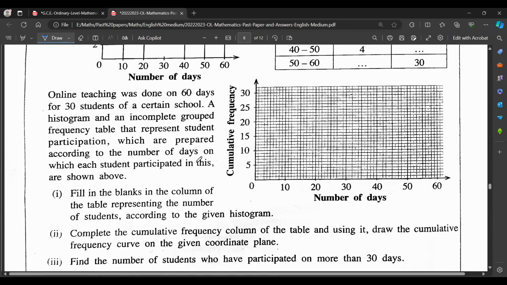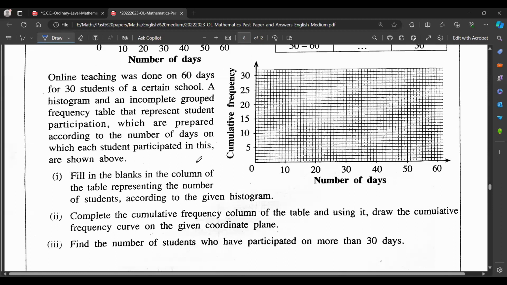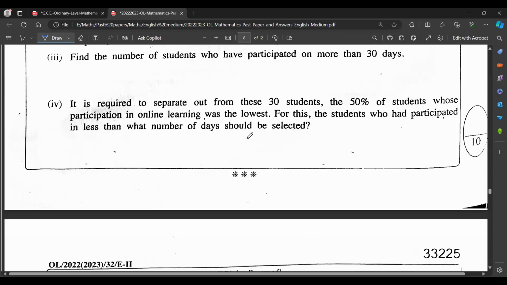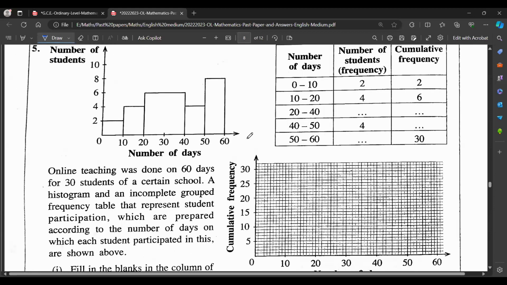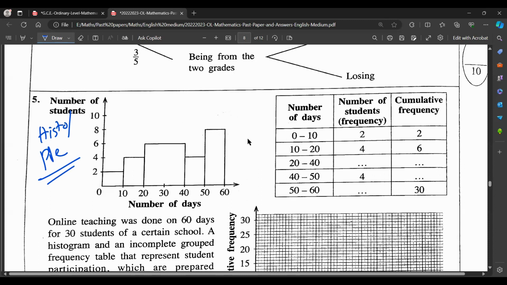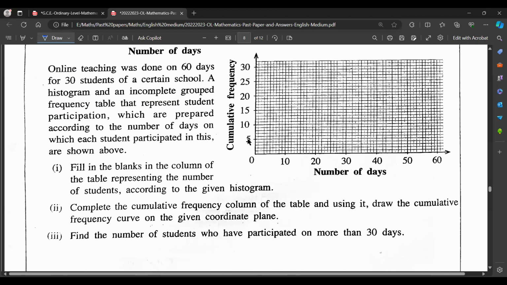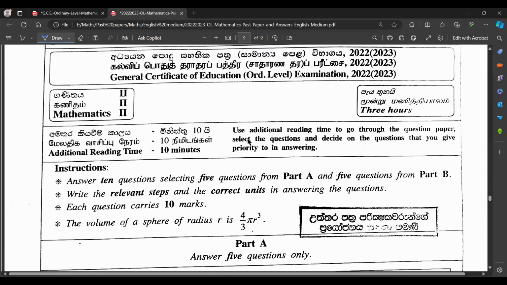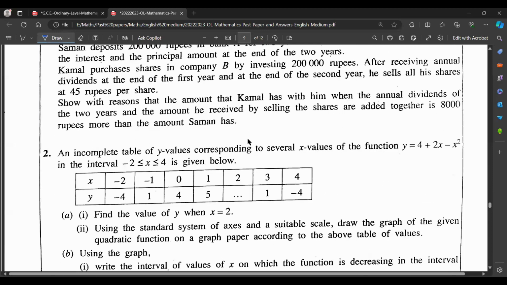And I think this year they will ask from the histogram and the pie chart, by guessing. Here should be the histogram and the pie chart. Here, a small pie chart and the histogram like the 2017 one.